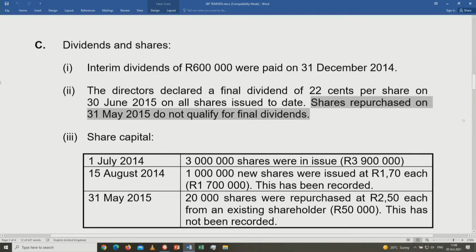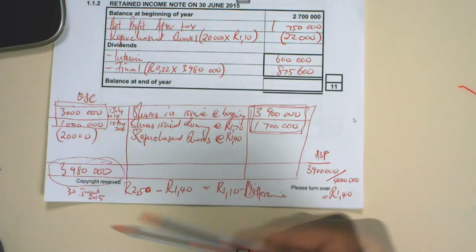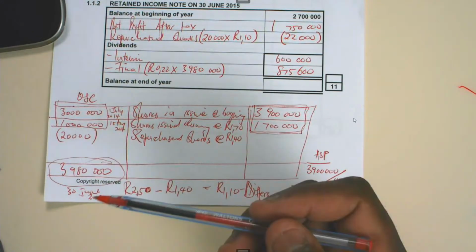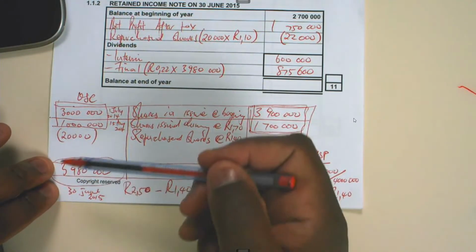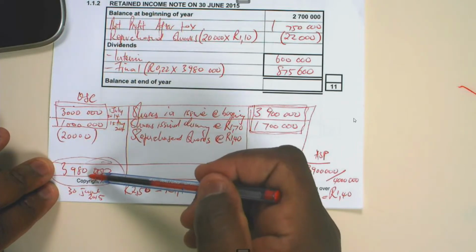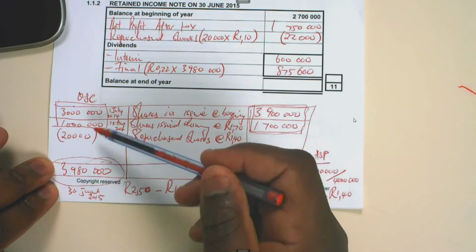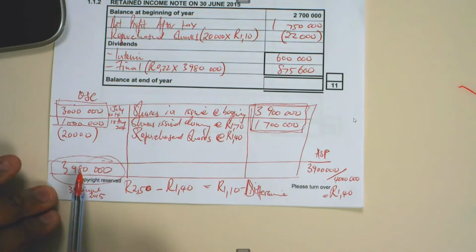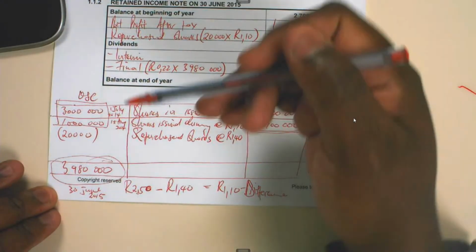If they did qualify, we could have added the 20,000 to this 3,980,000, because they should get their share of the final dividend. But in this case, they do not qualify. Hence, we took the balance that has already excluded the 20,000.